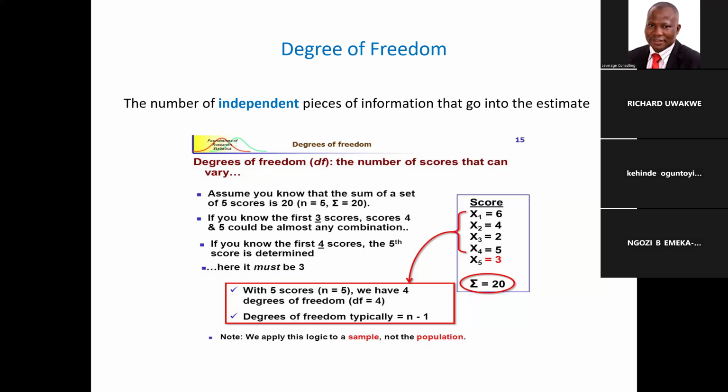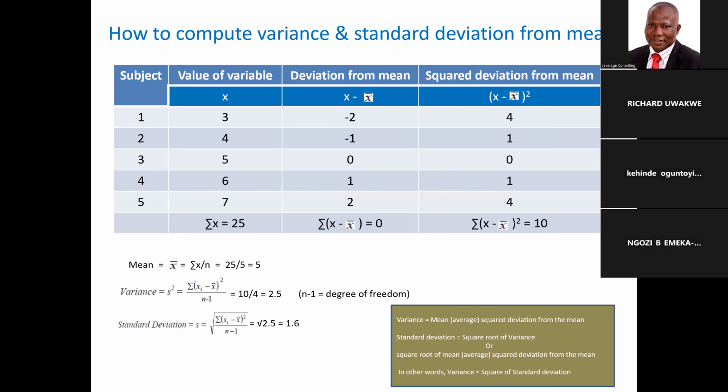Even though when you want to apply it in statistics, for the t-test or chi-square, there's a variation in the way you apply it, the logic is still the number of entities minus 1.